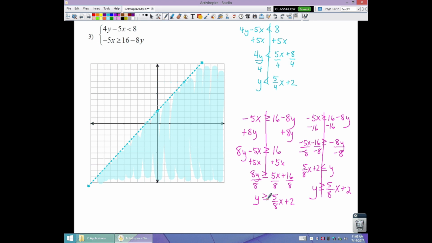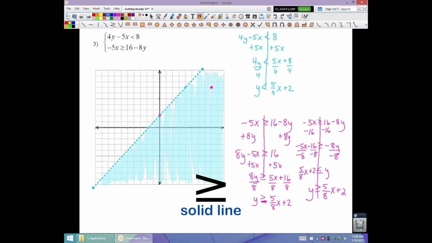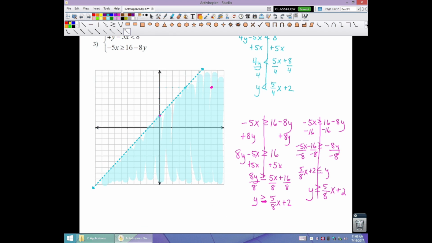All right, for the pink one, we have y greater than or equal to 5/8 x plus 2. It also has a y-intercept of 2. Now the rise over run is 5/8, so 1, 2, 3, 4, 5, 1, 2, 3, 4, 5, 6, 7, 8. This one will be a solid line since it has or equal to. So, solid line.